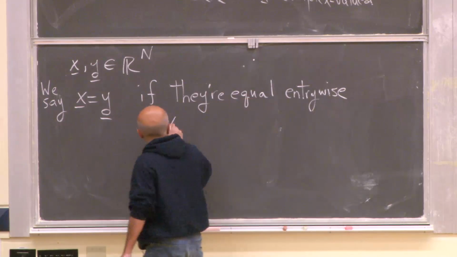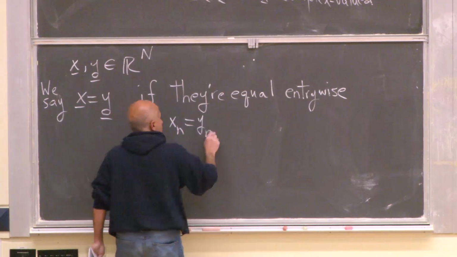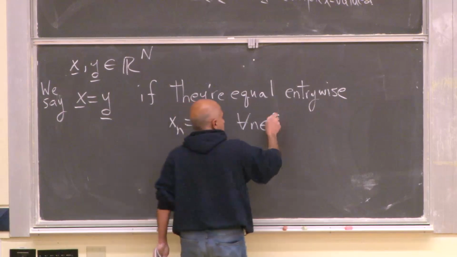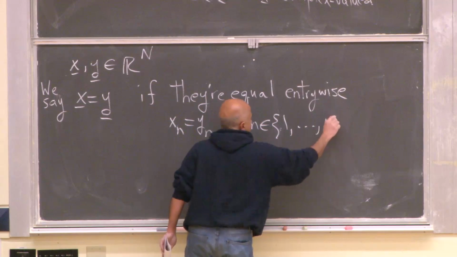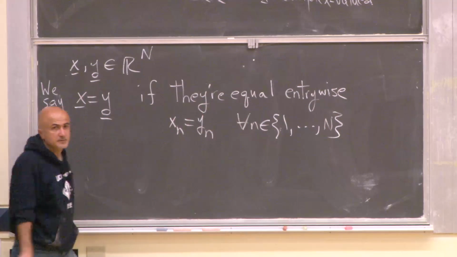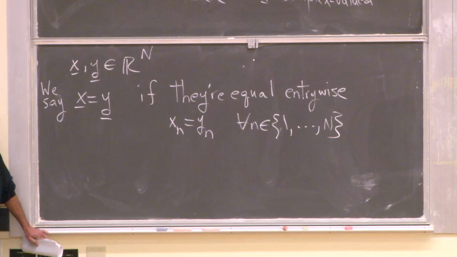In other words, Xn equals Yn for every n from 1 to capital N. Okay? You look at the corresponding entries. If they're all equal, the two vectors are equal.